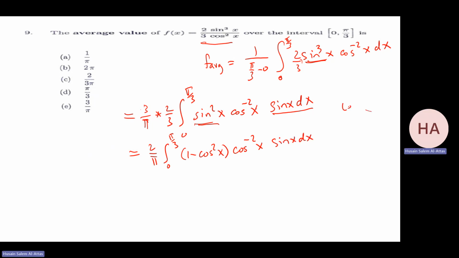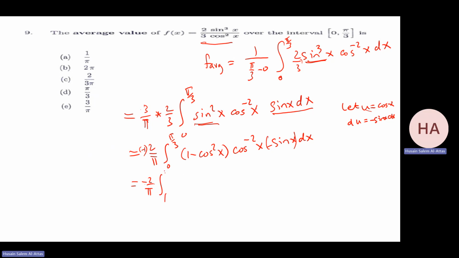So now I let u be cosine x, du will be what? Minus sine x dx. Be careful about the minus sign. So that I need a minus here. And I need a minus here. So that will be minus 2 over pi. Cosine 0 is 1.